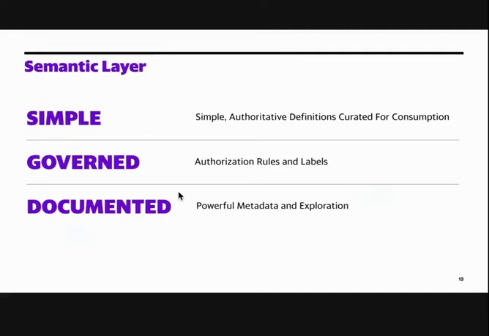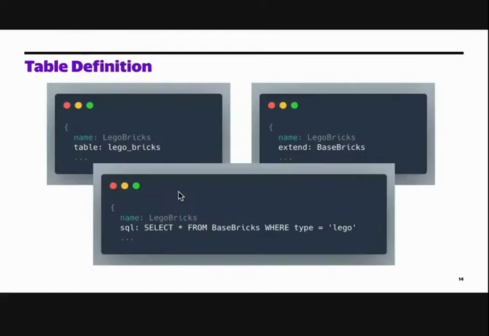Now, HJSON stands for human JSON, and it's just like regular JSON, except it relaxes a lot of things and adds some features that make it more friendly for humans to read and write. For example, you don't have to put commas in, and you don't have to put quotation marks in, and you can add block quotes and comments. I'm going to walk you quickly through what the semantic layer might look like with Elide.